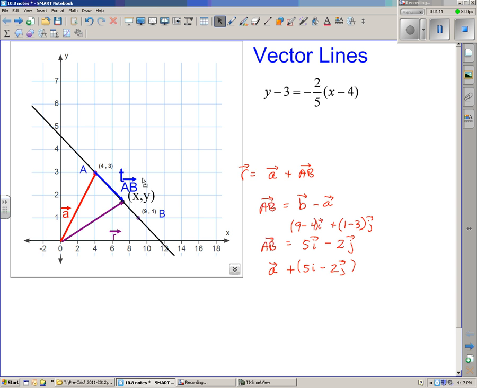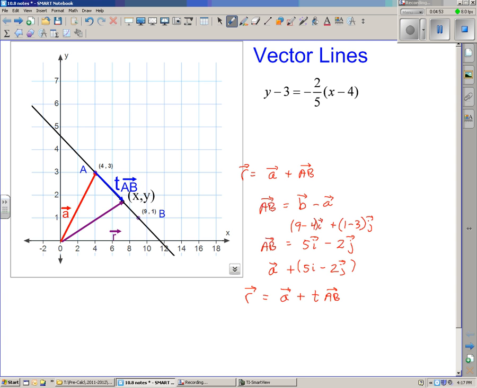So some number t times vector AB is going to take me to any point on the line that goes through points A and B. So now my r looks like this: r is equal to vector A, that takes me out to point A, plus t times vector AB, which sends me in the direction of B, but might not take me all the way to B. If t is negative, it could take me in the opposite direction, but it is going to be on that line as shown in that picture.